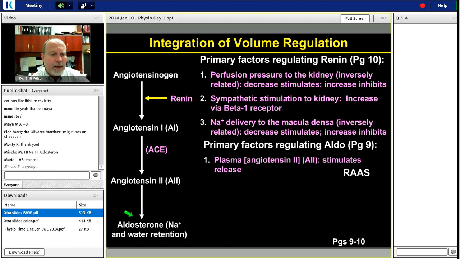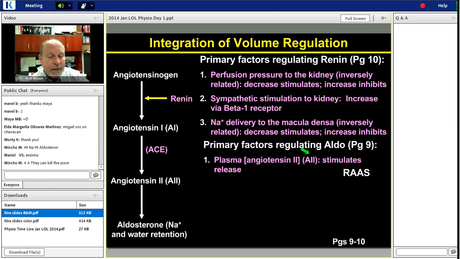It is stimulated by number 1, angiotensin 2. This is our renin, angiotensin, aldosterone system, RAS. So that's why we care about renin, because renin is an enzyme. It is the rate limiting step in the production of angiotensin 2.